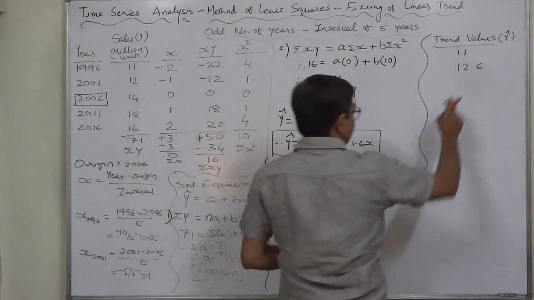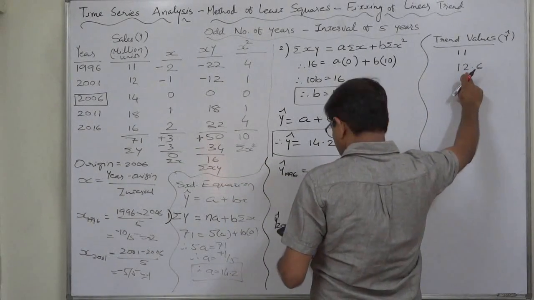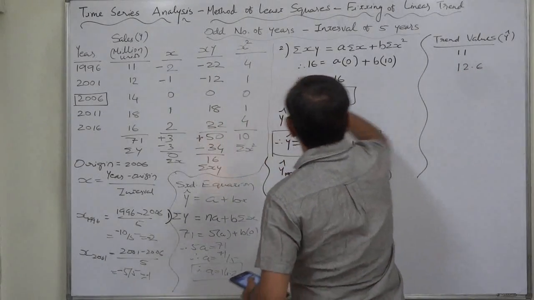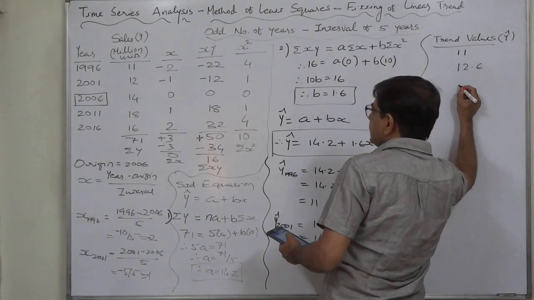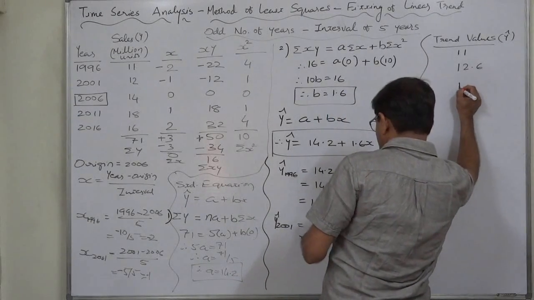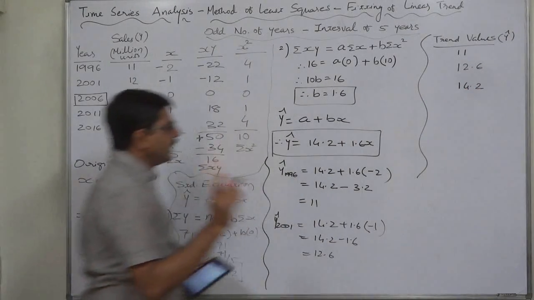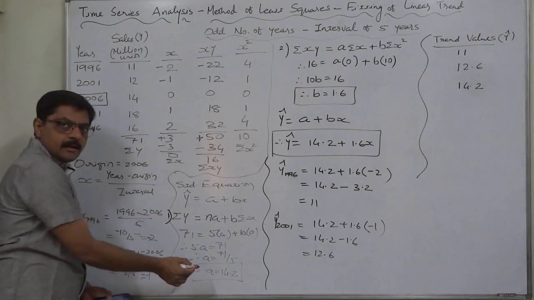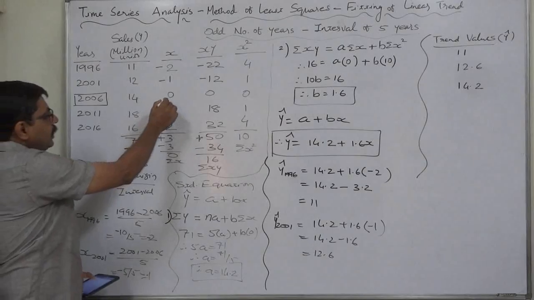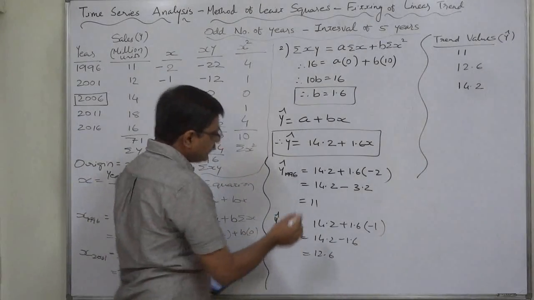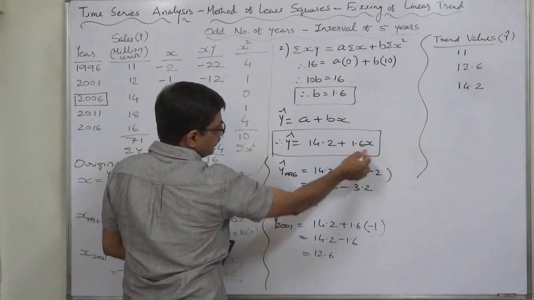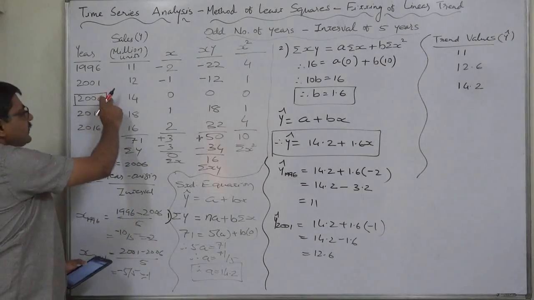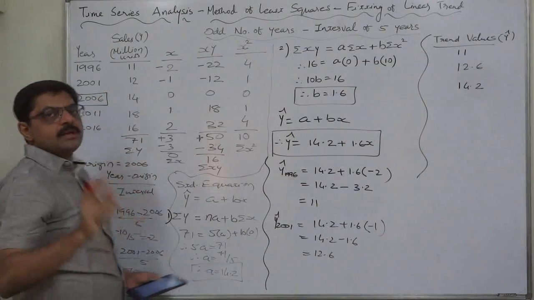So now we can say that if we add b, 1.6, to the previous trend value, we can have the trend value for the year 2006, and that will be 14.2. The trend value for the year of origin is exactly equal to a, because in the year of origin the value of x is 0. So if we substitute 0 in place of x in this relationship, the estimated value will be 14.2, that is the trend value of the base year or year of origin.